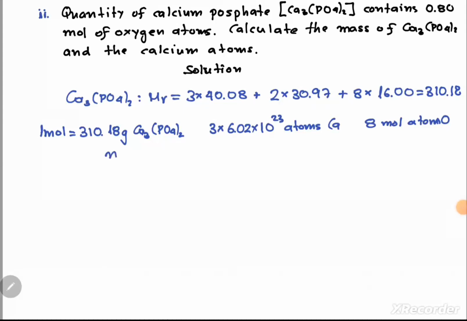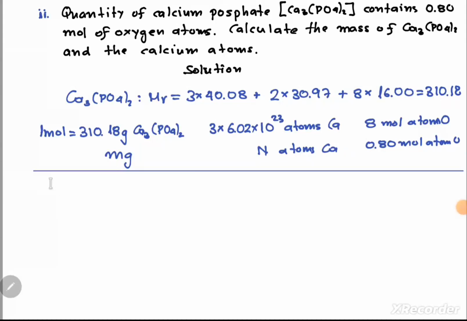So we want m grams of calcium phosphate and n atoms of calcium, and we have 0.8 mole of oxygen atoms.